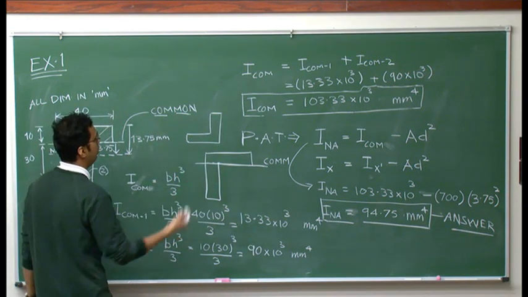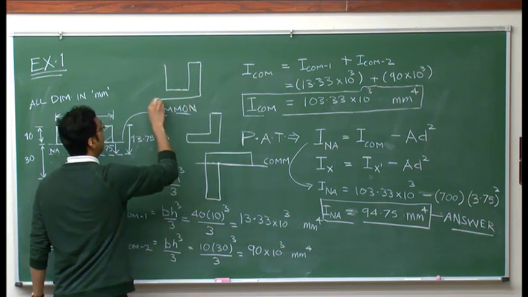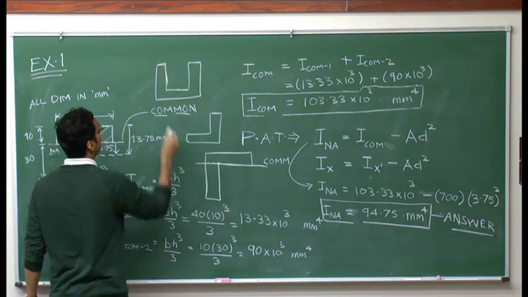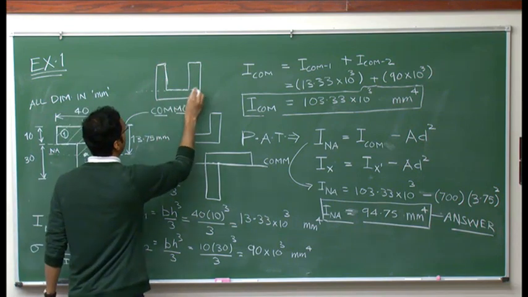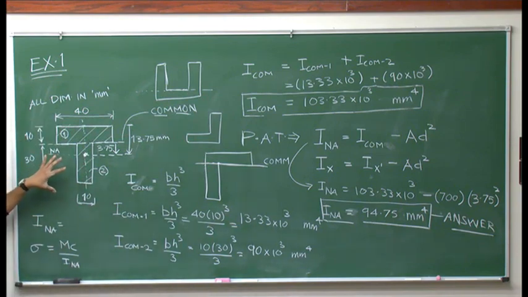Or if you want to go one more step, if your cross section is a U cross section, then you can see that this is a common edge here, and all of these problems can be solved with the same method that we used to solve example 1.